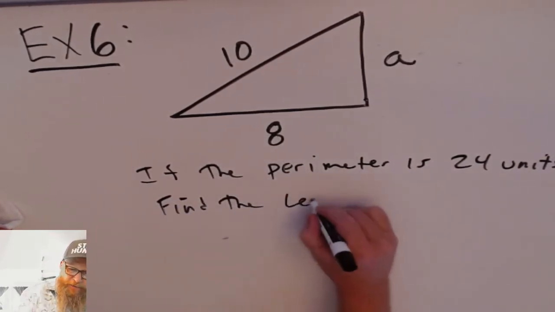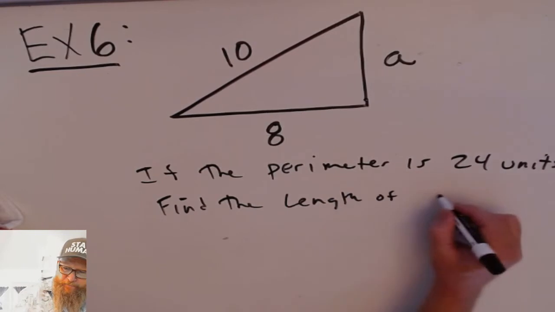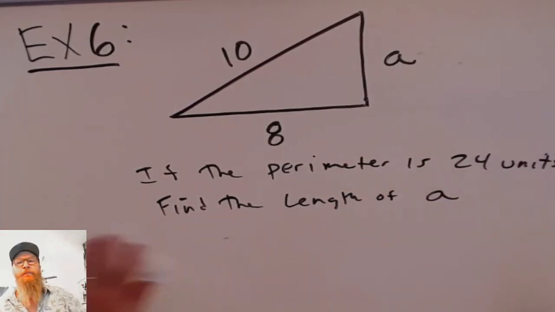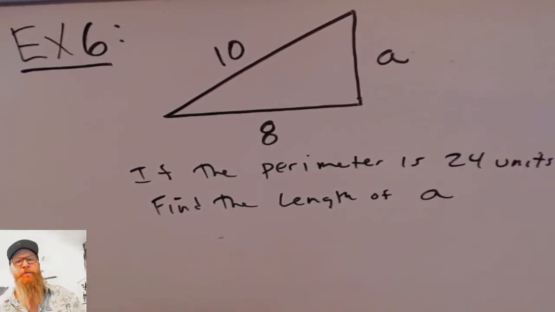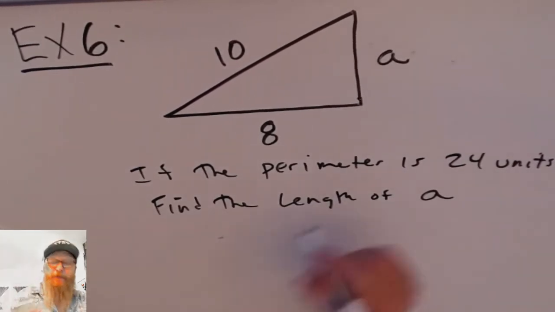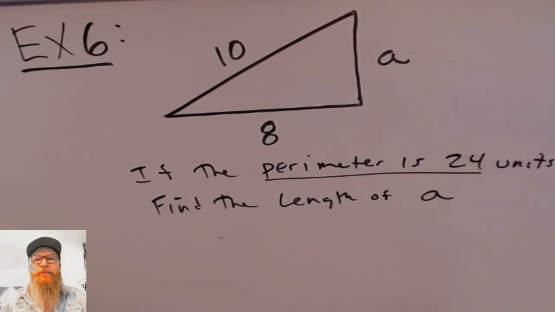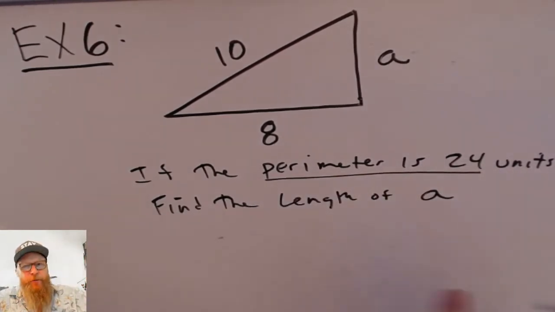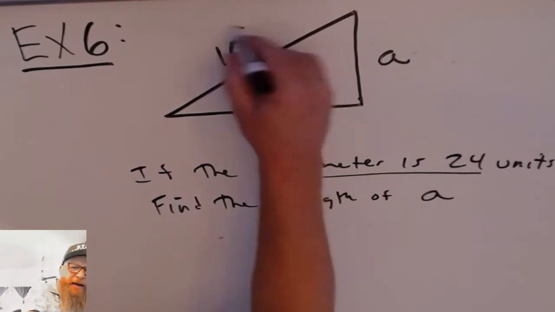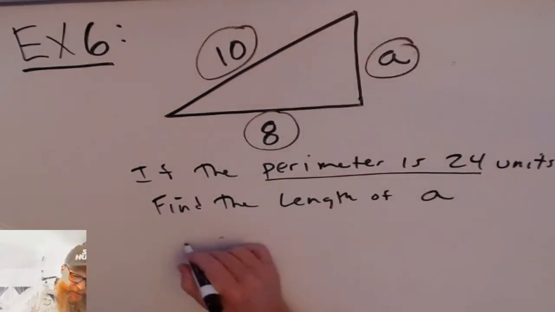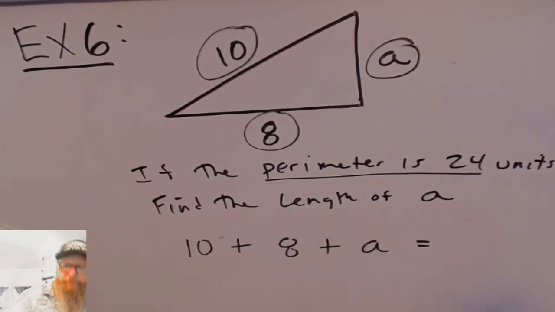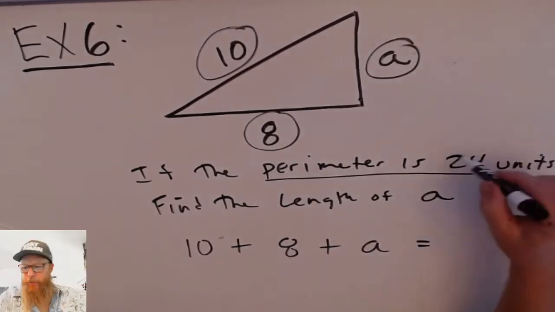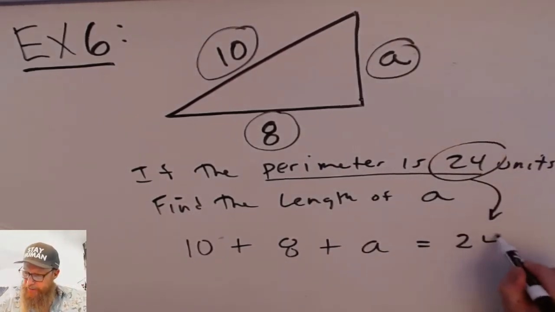Find the length of the missing side. All right. So I've got 24 units. So again, the perimeter, we've talked about this before. Perimeter means outer measure. So we're going to add up all of these sides. And the perimeter is 24 units.